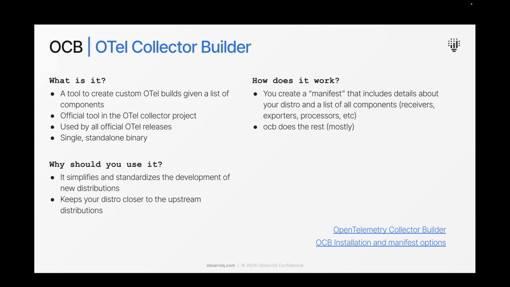Mostly, I say, because all those other complicated parts about the release and building for different operating systems and architectures are handled separately, but the actual build with OCB is made simple. I have a few links that I'll send out after, to the collector builder and the manifest options, but I think we'll touch on most of those details here.